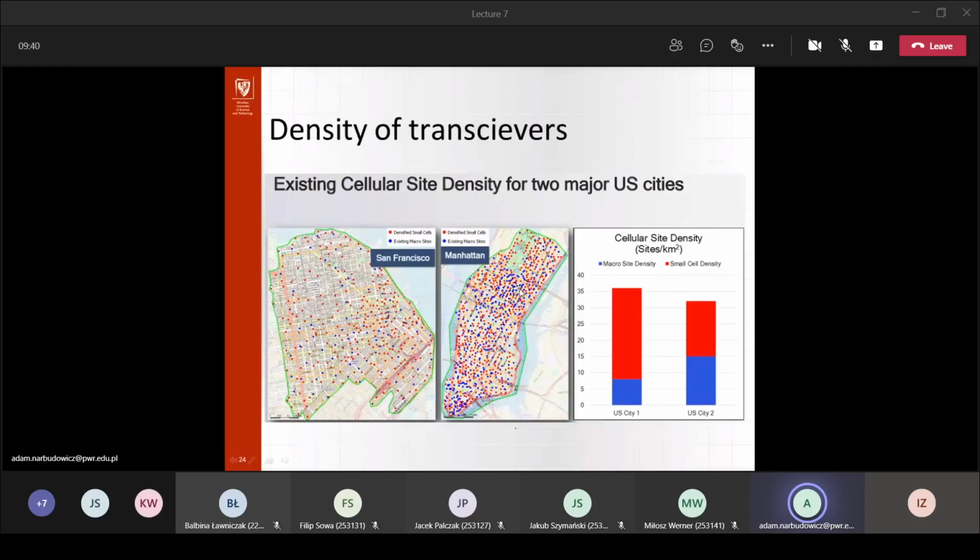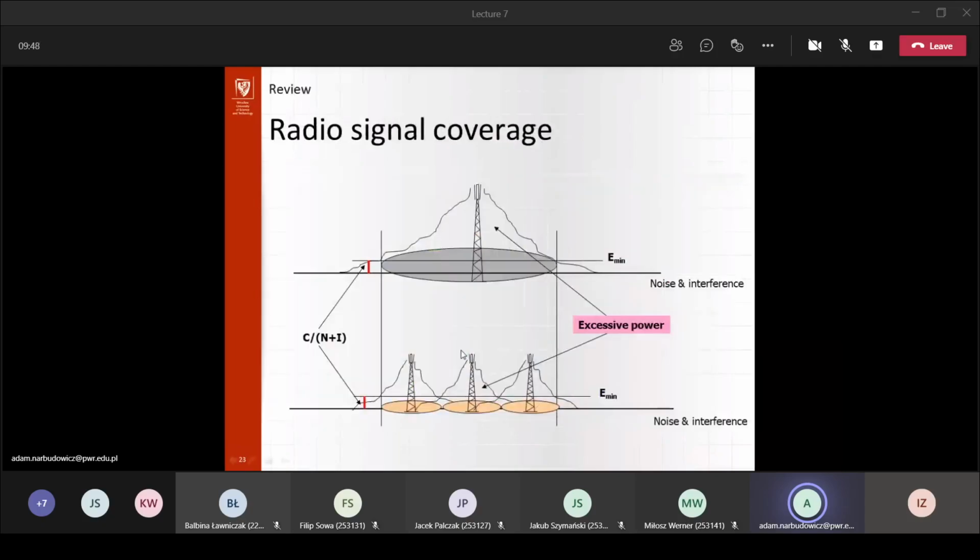When we speak about the concept that we had earlier on the slide, we know that typically, especially for mobile communication, the preferred case is when we have multiple transmitters with lower power, each covering a smaller area.